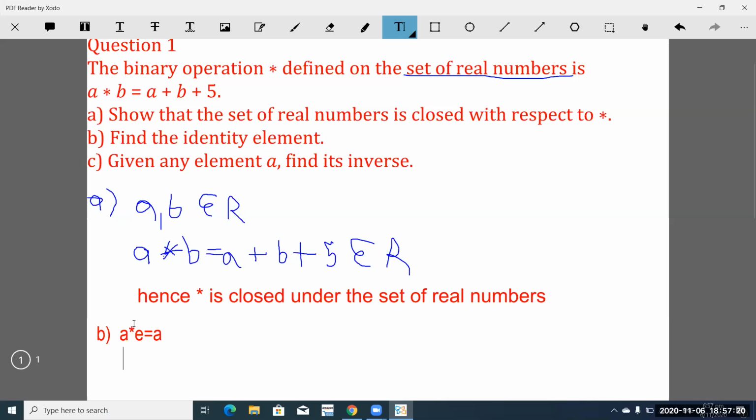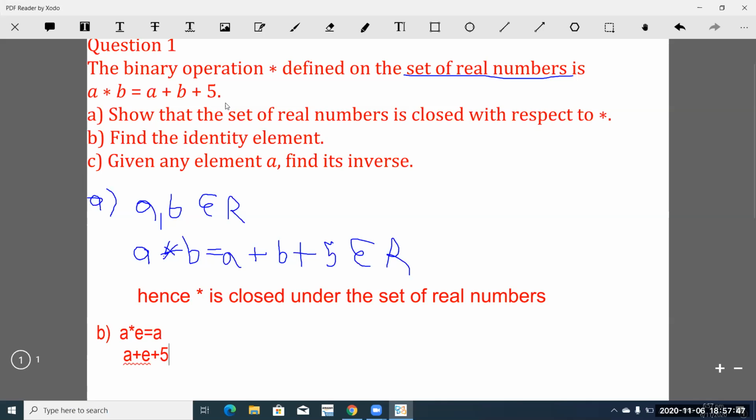What I'm saying is A star B is A plus B plus 5. So A star E is going to be, replacing B with E, A plus E plus 5.